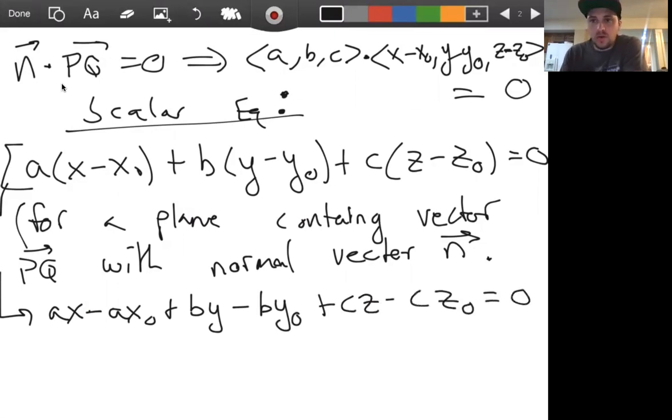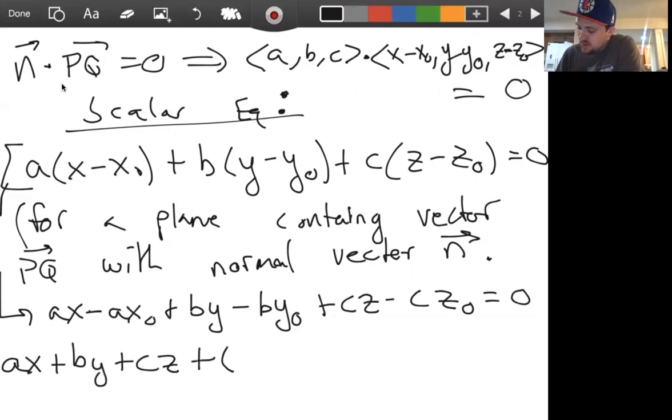We can group all of the terms not including a variable together, and it would look like ax plus by plus cz, and then plus every term that's constant or is just the product of fixed numbers, which is minus ax naught minus by naught minus cz naught equals 0.